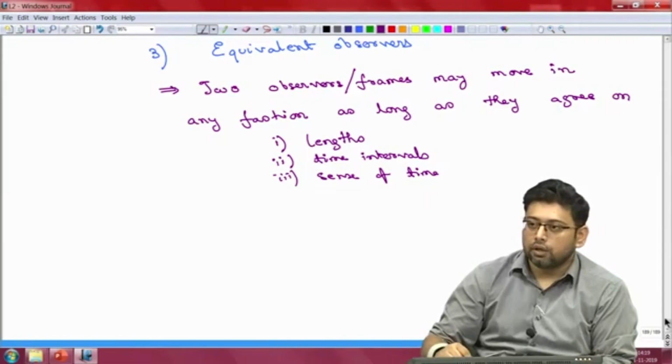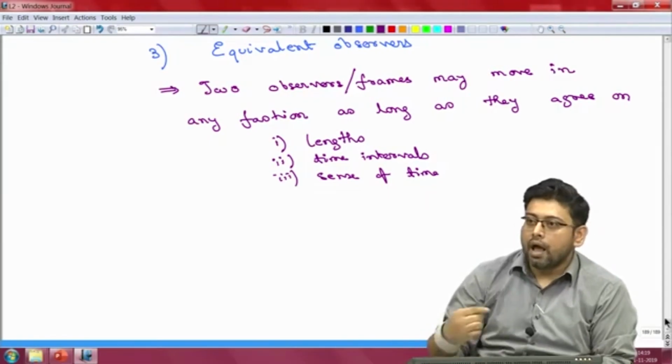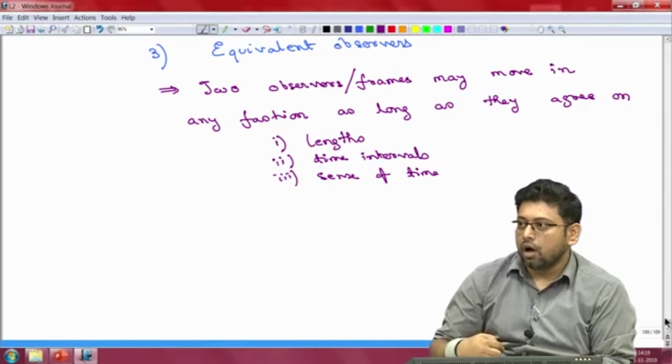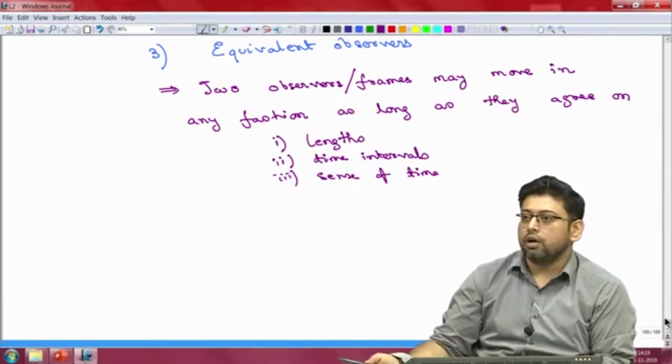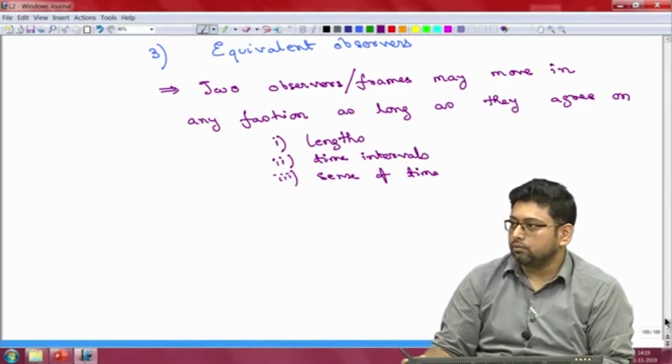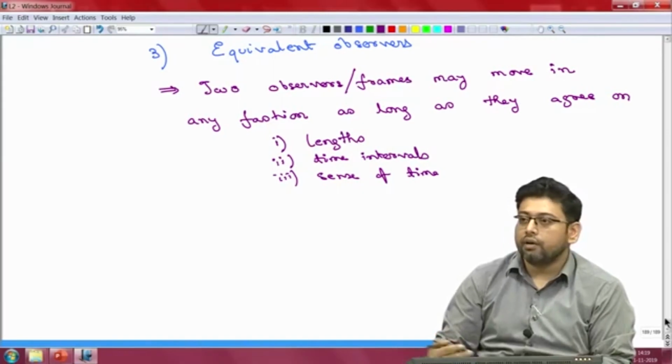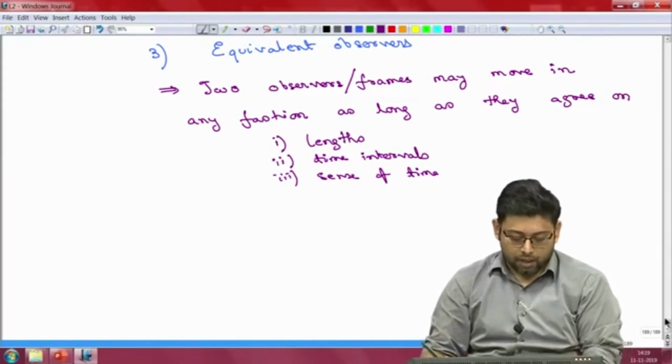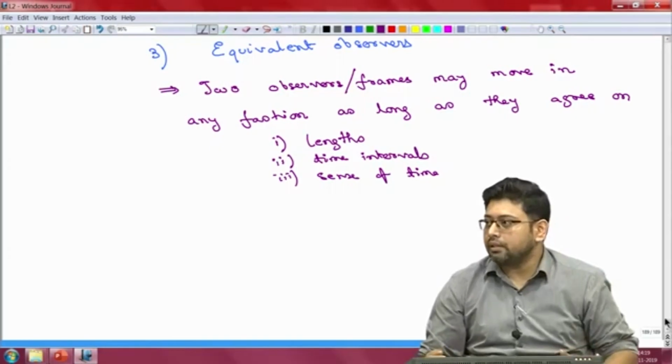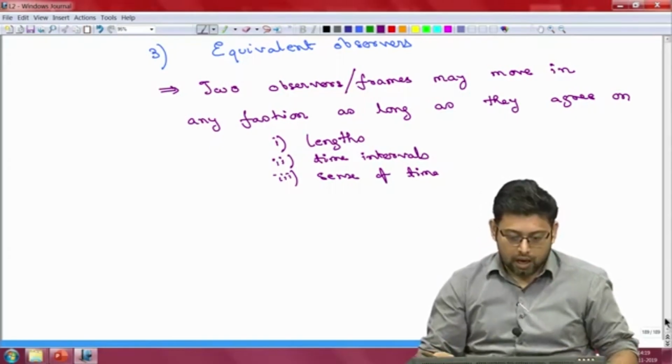So, what I measure later on and what you measure later on should be similar. They cannot be very different from each other. That simple idea is the basis of this discussion.